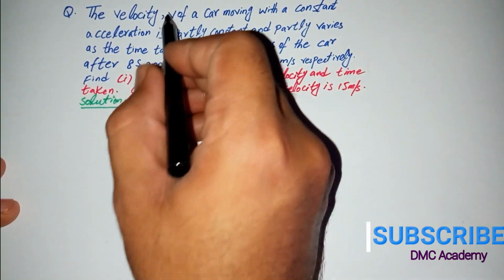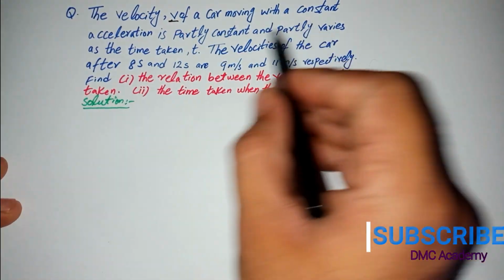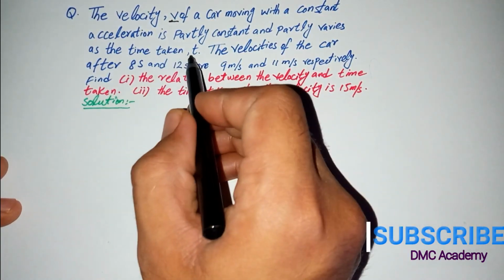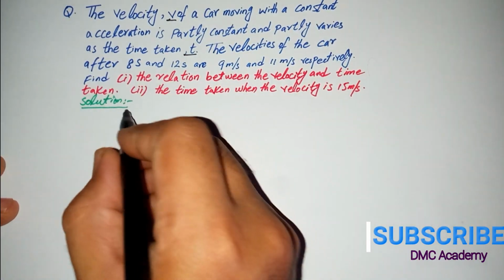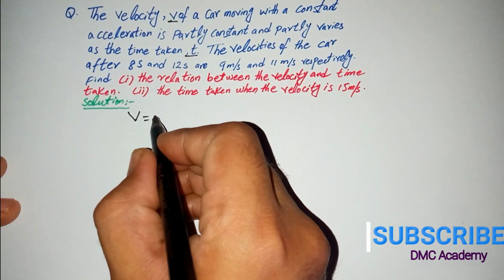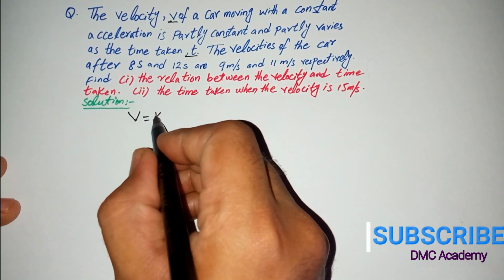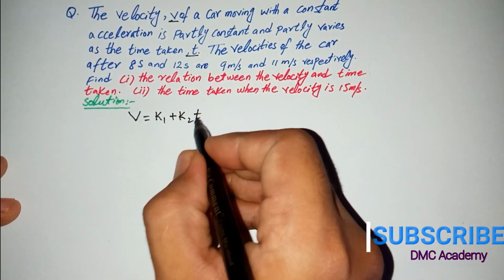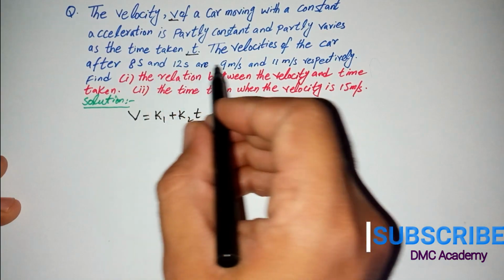So they said that V partly varies and partly constant to the time taken t. So it means the relation is going to be V equals k1 plus k2 t. Now they gave us the values here.